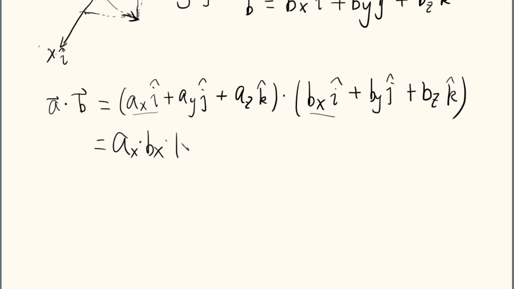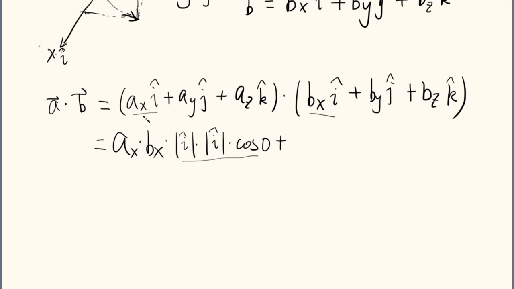They are unit vectors, so the absolute value of these two unit vectors is 1, times cosine 0. Cosine 0 is 1. It's also 1. So this is 1. Okay.